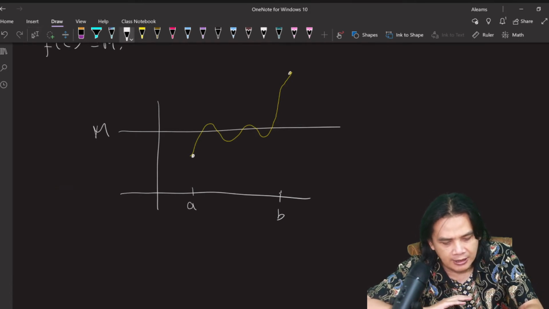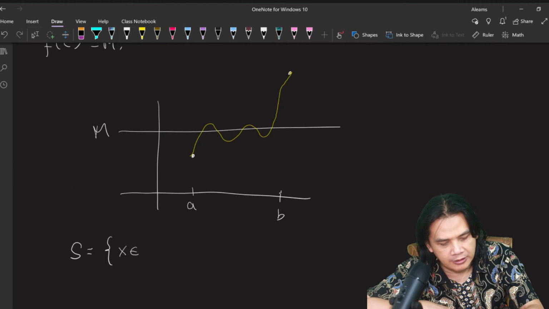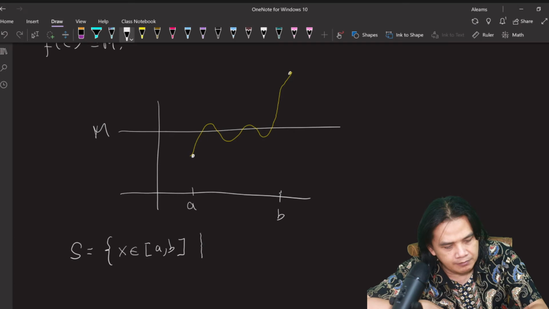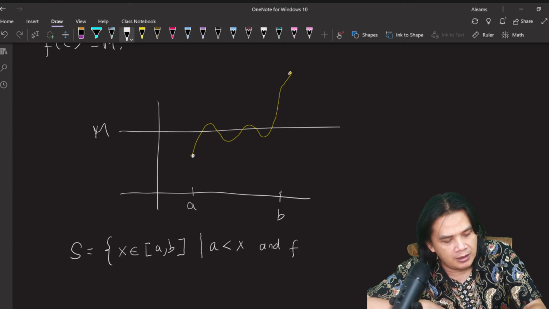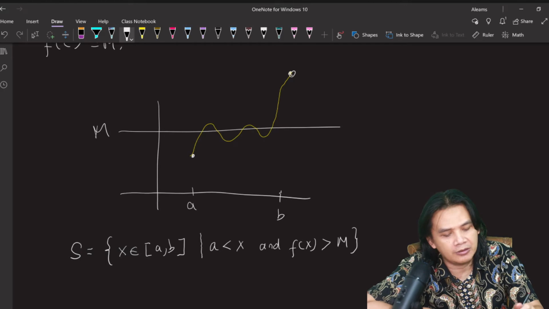Let's construct a set S, which is the set of x in the closed interval [a, b] such that f(x) is bigger than M. Since f(b) is above the line, b belongs to S, right?